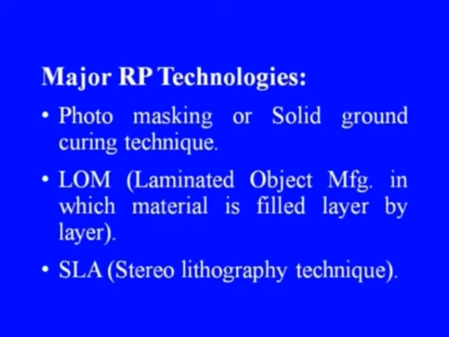Now, let us look at the major RP technologies. Photo masking or solid ground curing technique is one of the techniques. Then another very popular and widely used technique is LOM or laminated object manufacturing, in which material is filled layer by layer. Another is SLA, stereolithography technique.